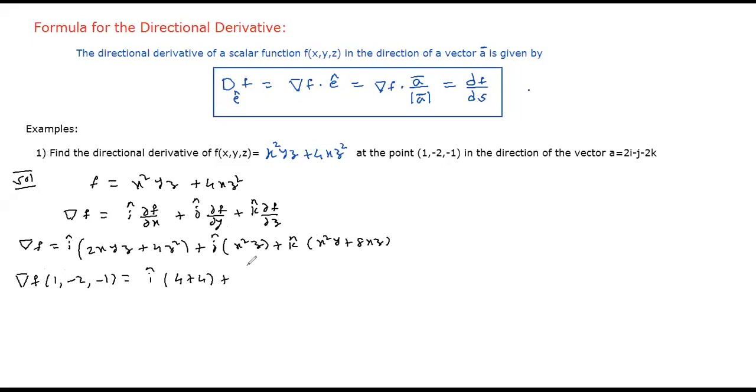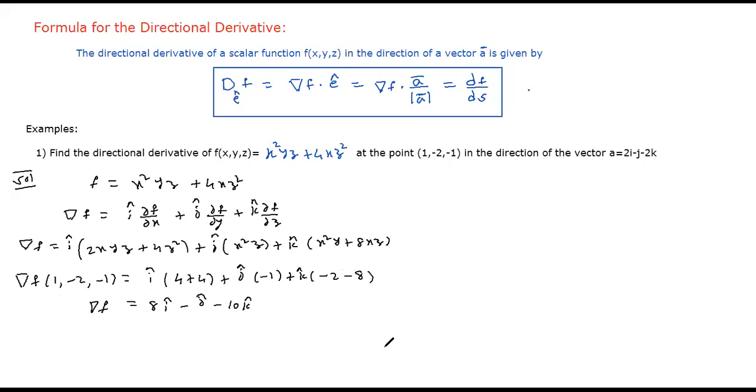Then j into x square z, which is minus 1, and k into x square y, which is minus 2, plus 8xz, which is minus 8. Am I right? So this is equal to 8i bar minus j bar minus 10k bar. So this is del f.